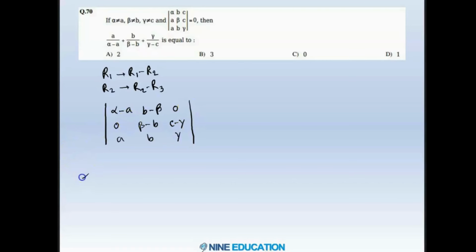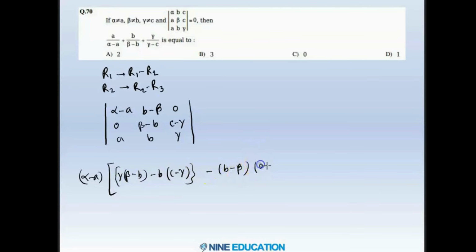We will be left with alpha minus A, then gamma times beta minus B, and then minus B times C minus gamma. Then next terms will be minus of B minus beta, and then 0 minus A times C minus gamma.